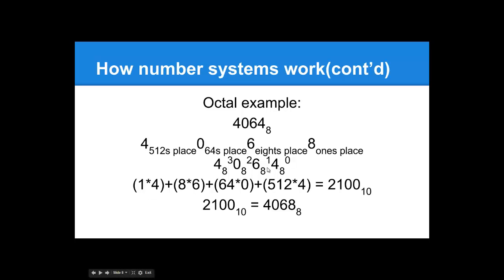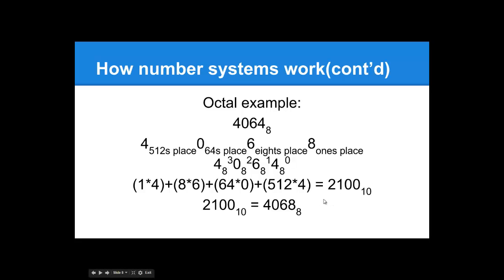Okay, and then we go to the 8th place, so 8 times 6, okay, and then we go to the 64th place, and there's 0 in there, so we multiply it by 0. 64 times 0, okay, and that gives us 0. And so then we go to the 512th place, and there's a 4 in it, so then we're gonna do 512 times 4, and then we add all that up. You add all that up, and you will get 2100.